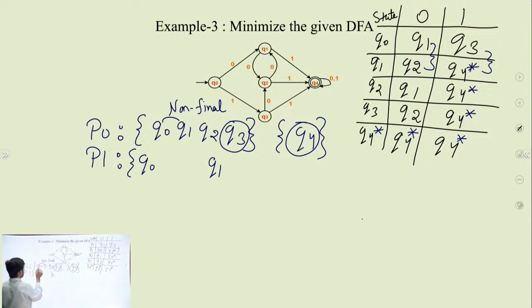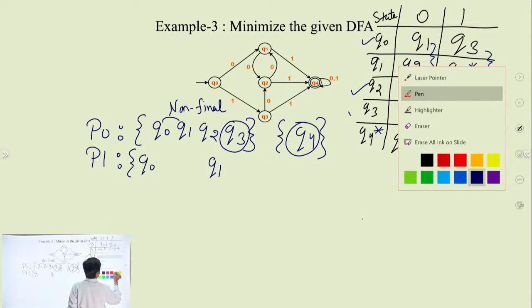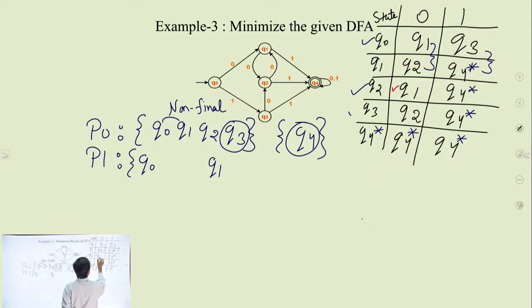Now check Q node and Q2. Q1 is the same state, so they must belong to the same set. Q3 and Q4 are in different sets. So we must separate Q2 also.